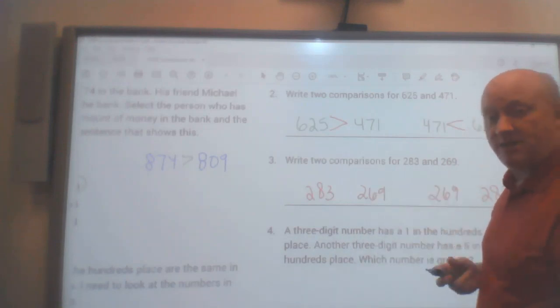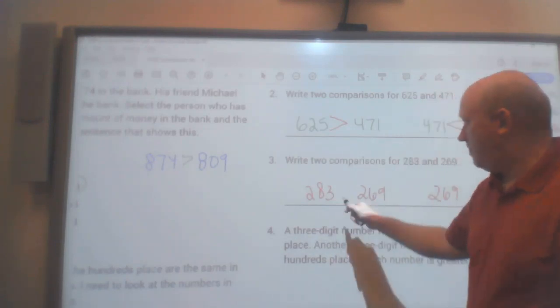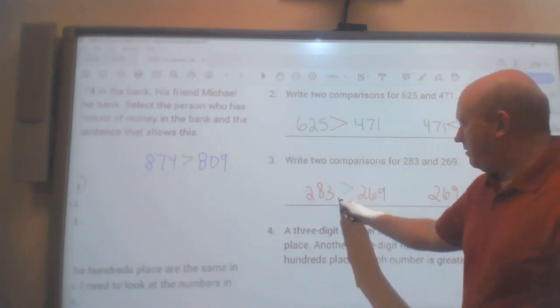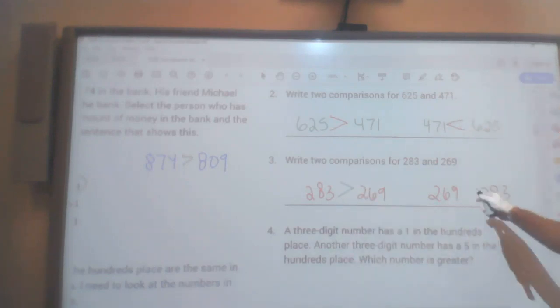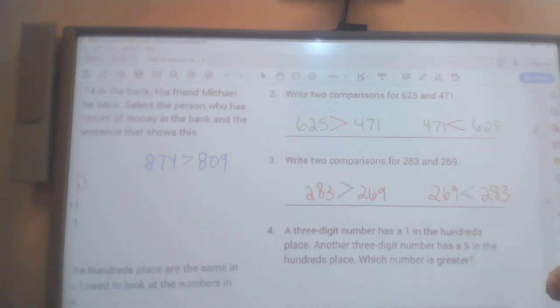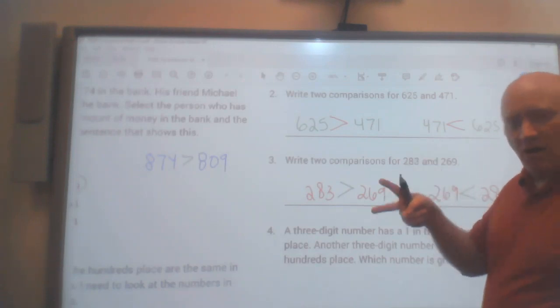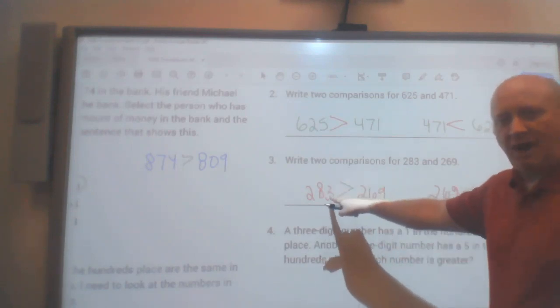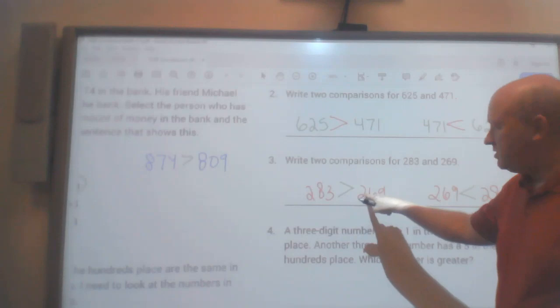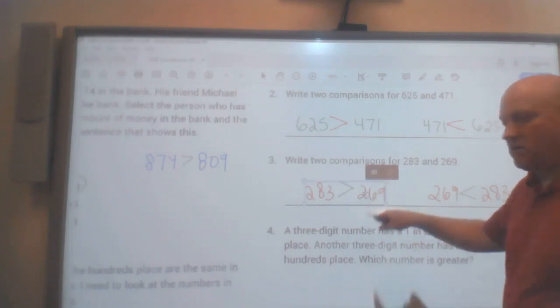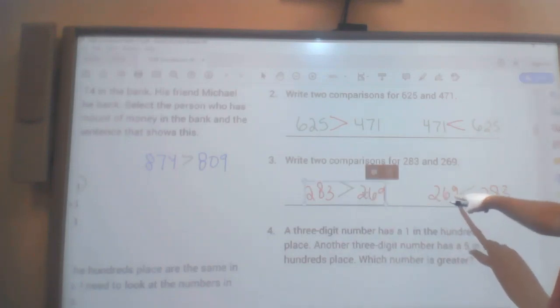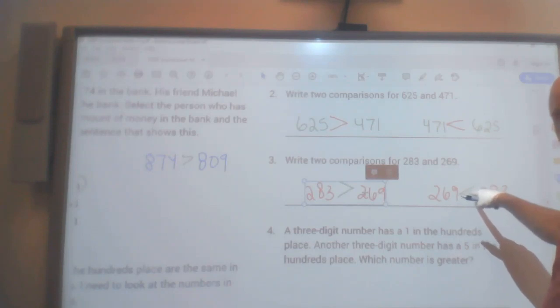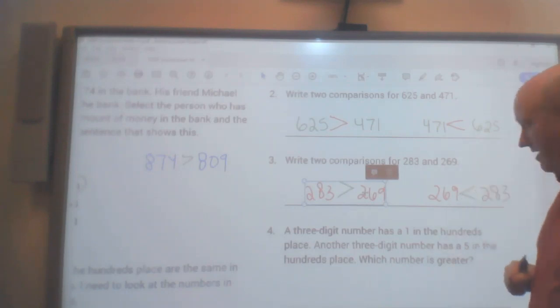Oh, there you go. Yes, it is. So the mouth goes to the largest number, while here it also goes to the largest number. Remember, the mouth will always go to the largest number. So, when we read this, we say 283 is greater than 269. Here, we say 269 is less than 283.